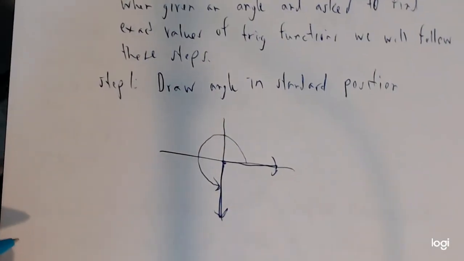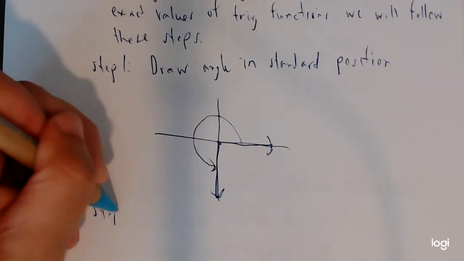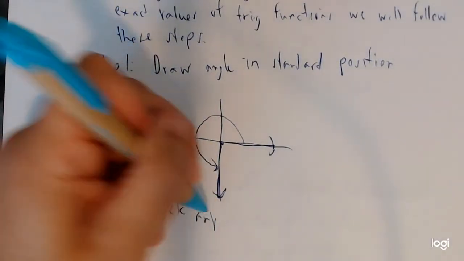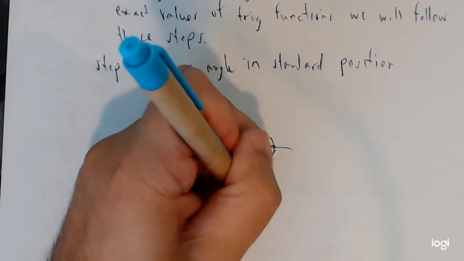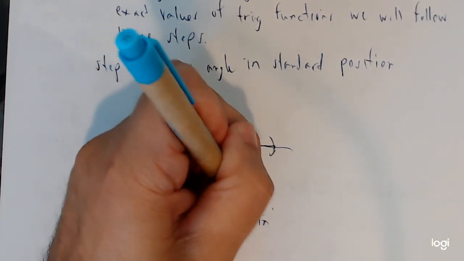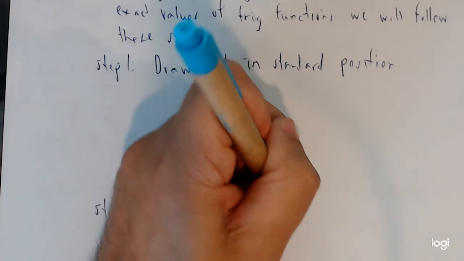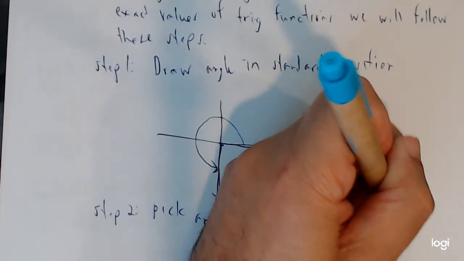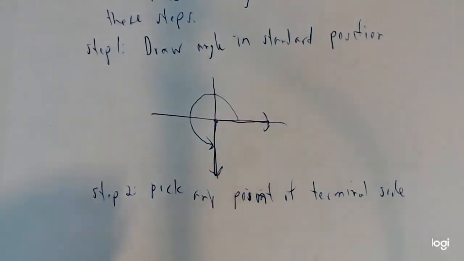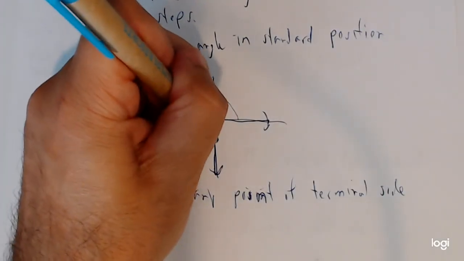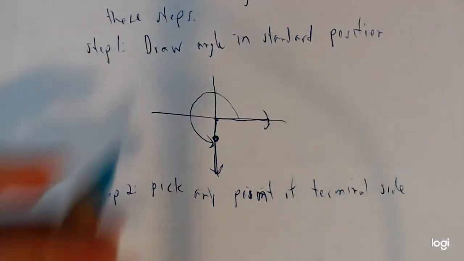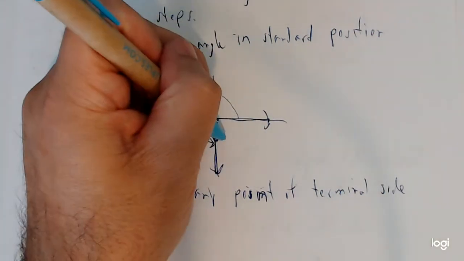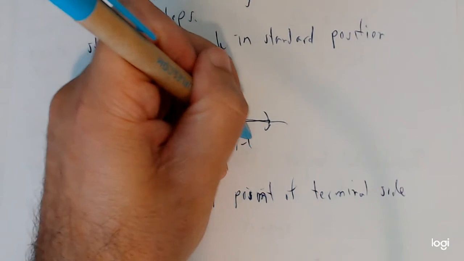Once we draw it, step 2 would be pick any point on the terminal side, which for this one is much easier, right? I could pick this point, and no matter how much I move up or down, my x value is always 0. So I'm going to call this 0, -1.